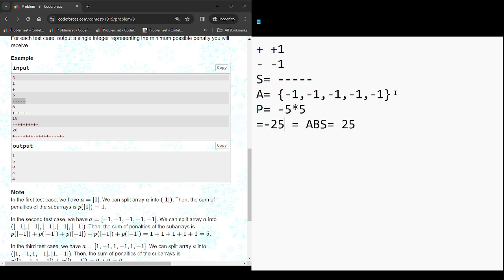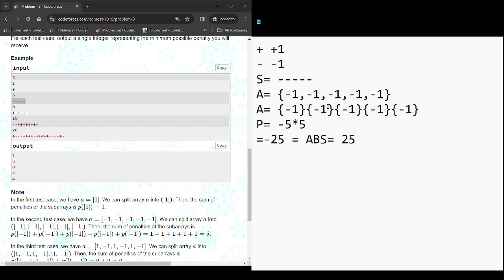So what is the easy way to make the penalty minimum? The easy way is to divide this array into 5 parts: first minus 1, then again minus 1, then again minus 1. I made 5 arrays here. Now let's calculate the penalty.